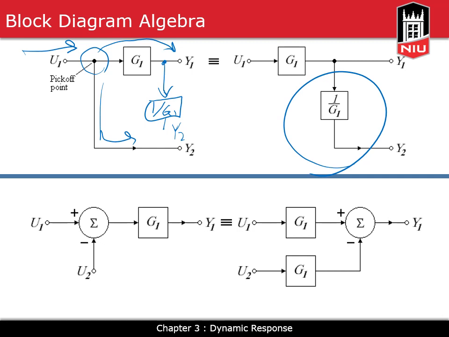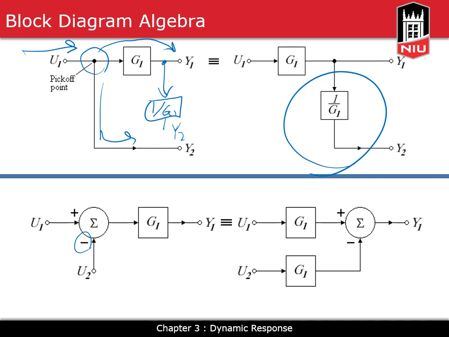Sometimes we have to move a summation point. In the bottom on the left block diagram, you see two signals, U1 and U2, are getting added up. Basically, that summation is U1 minus U2 because of the negative sign here. And then the result goes into a block G1 and gives the response Y1.